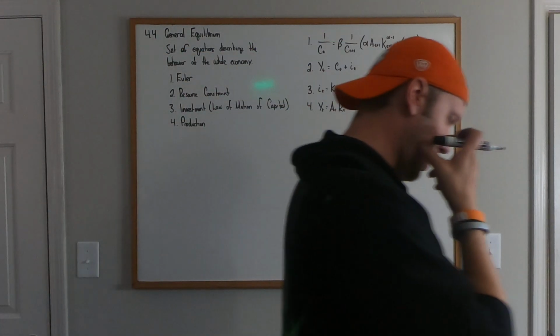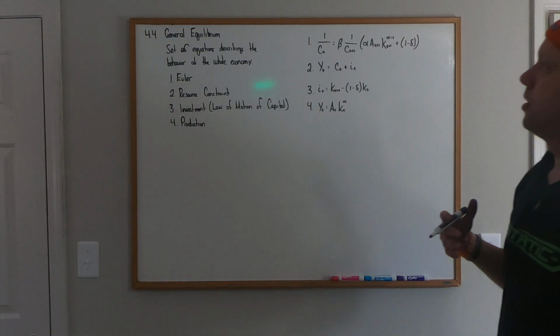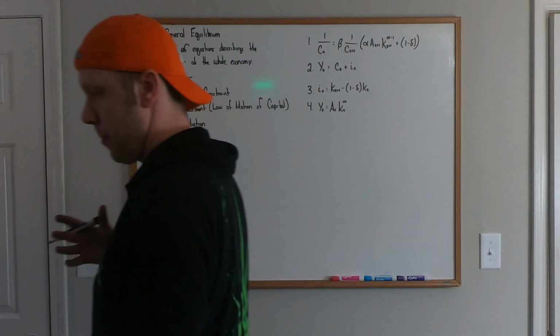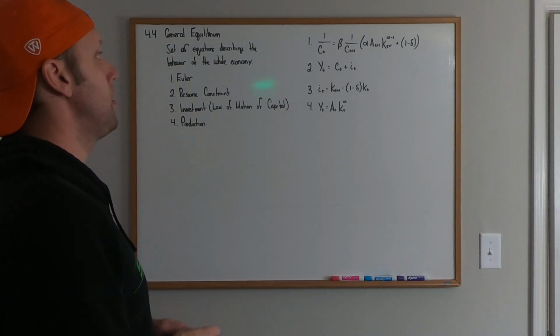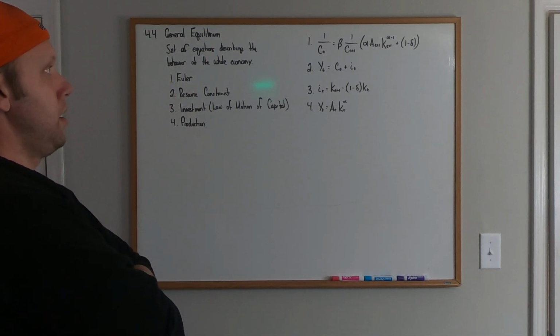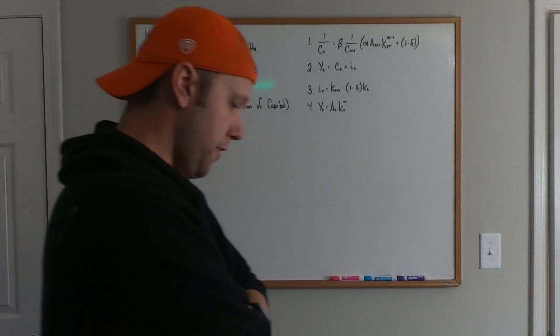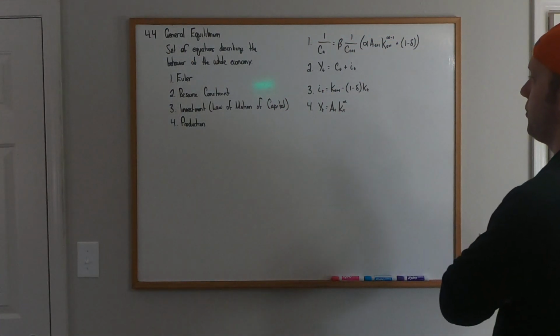With these 4 equations right here, I can describe the whole economy. Why? Well, if there's a change to an endogenous variable in here, it's going to feed through the system and it's going to affect all of these equations in some way, shape, or form.